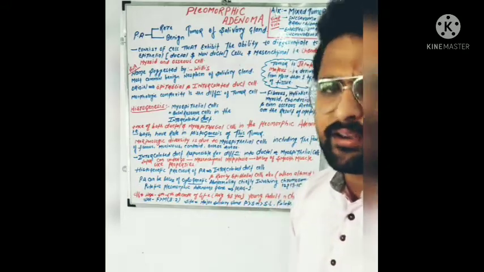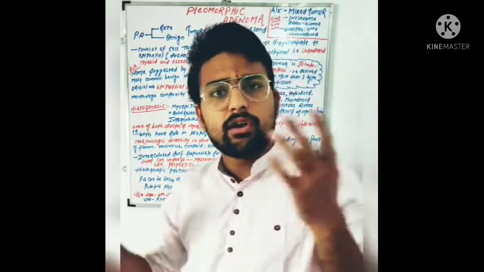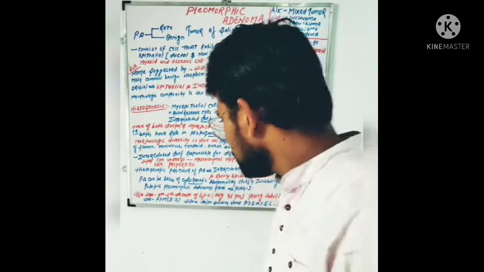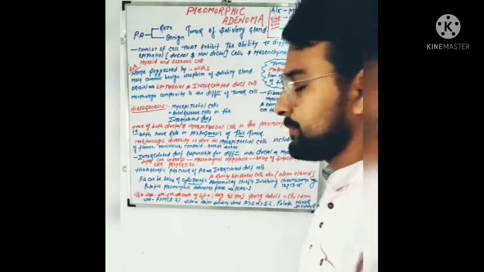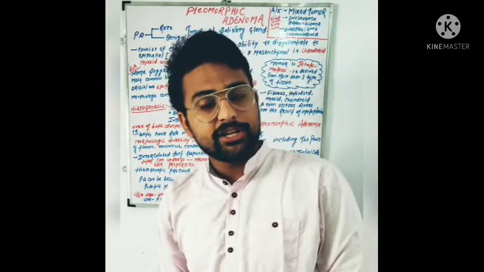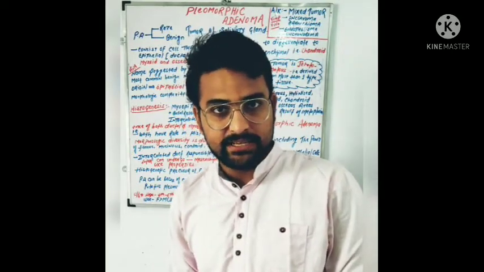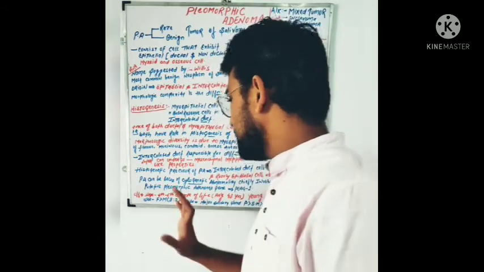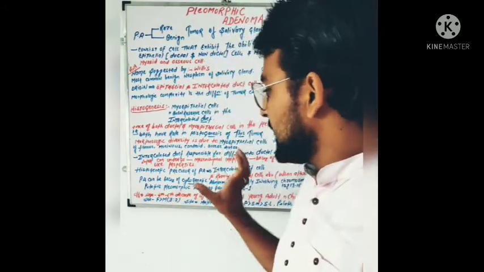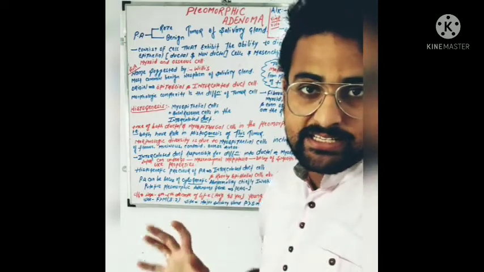What do P and Q resemble? They resemble the short and long arm of the chromosome. Then the putative pleomorphic adenoma gene: there can be alteration in the putative pleomorphic adenoma gene PLAG1. So this can be the introduction and the histogenesis.